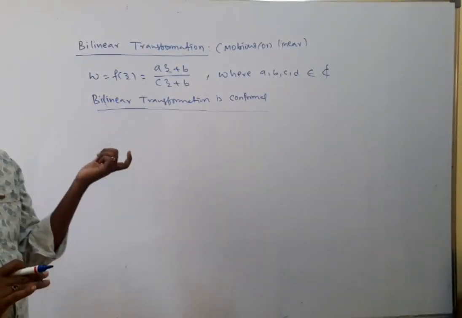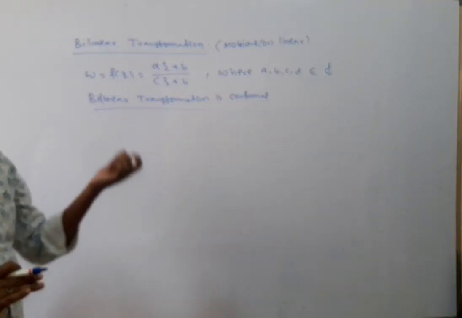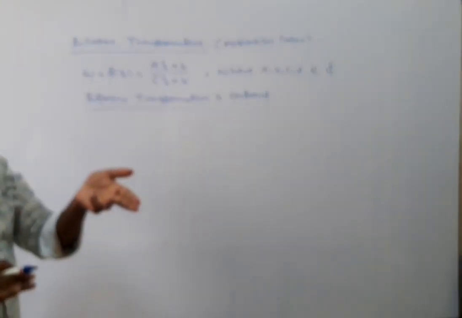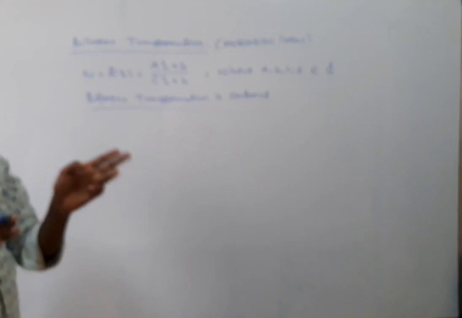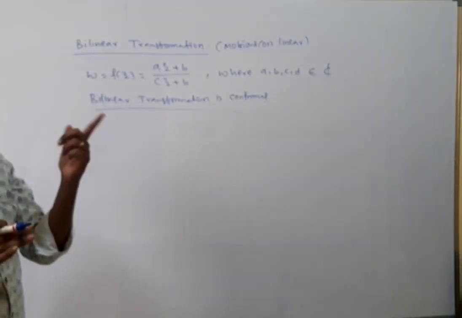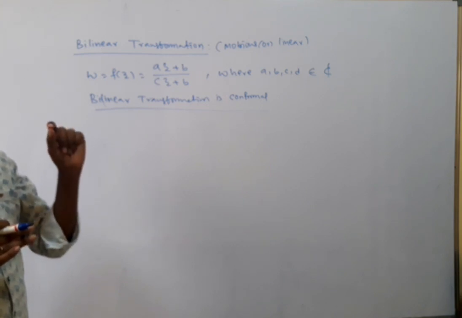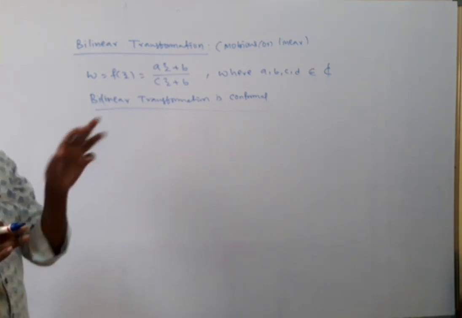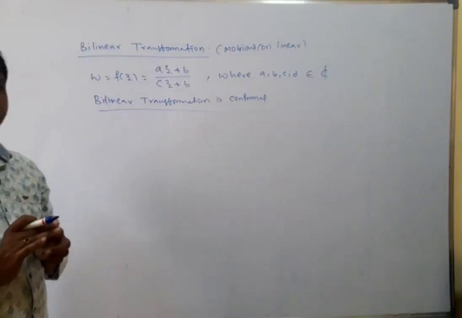If the two curves C1, C2 intersect at P, and the corresponding curves C1 dash and C2 dash intersect at P dash, the angle between C1 and C2 is the same as the angle between C1 dash and C2 dash in the same sense and magnitude. Such a mapping is called a conformal mapping. That is the formal definition.